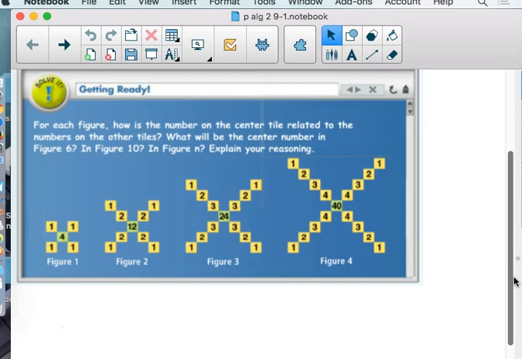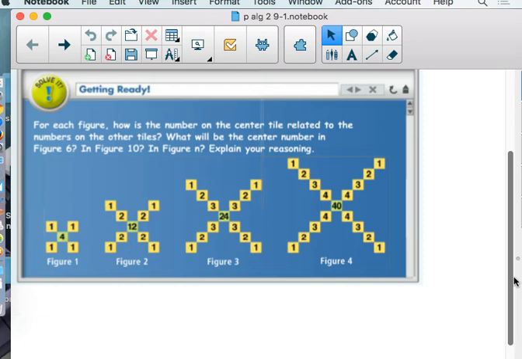Let's see how long it takes for the majority of the class to figure out the pattern. Once you see it, put your hand up. Now, what do you see?